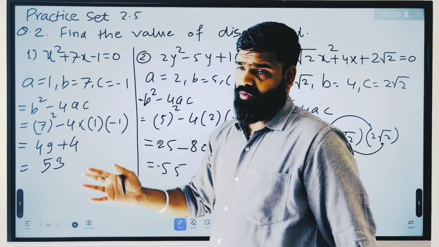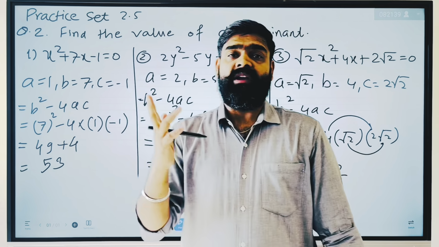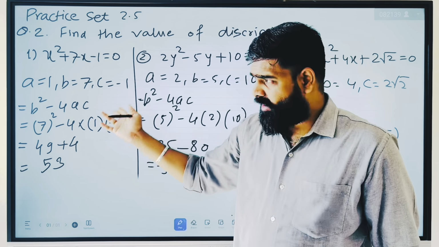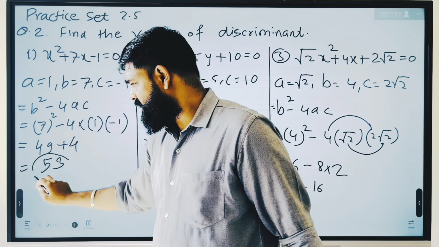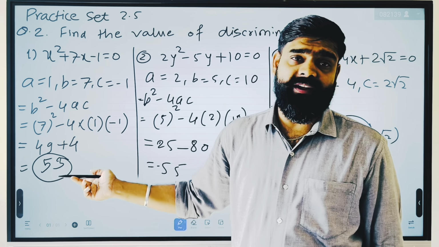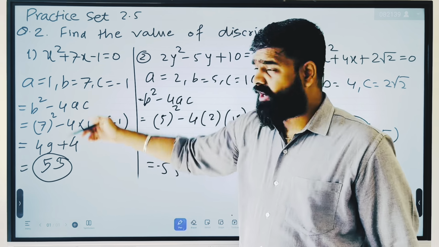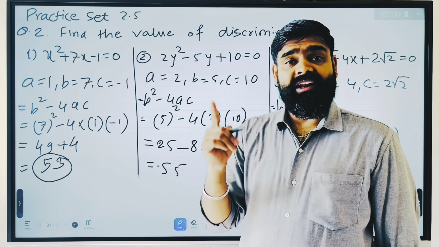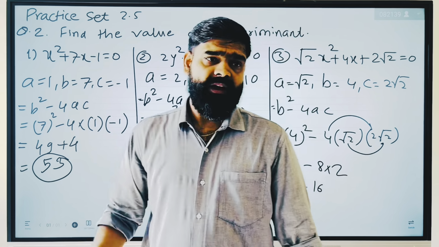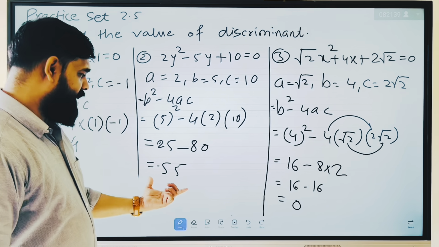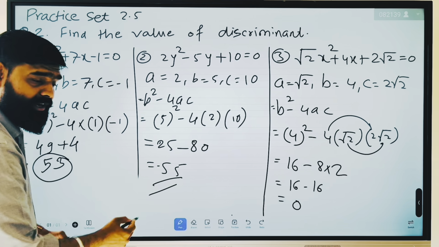So if we want to predict the nature of the roots of the quadratic equation, in this case, if we have this 53 as a discriminant, so this is the positive value, the roots of this quadratic equation will be real and unequal because this value is positive. And in the second example, our roots will be not real.